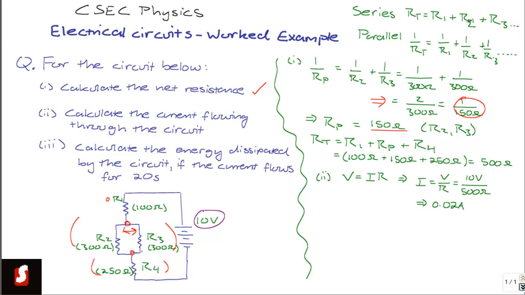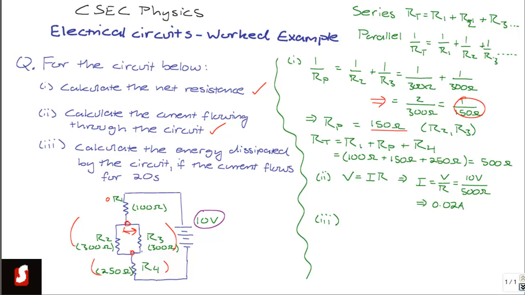And so the last part now asks us to calculate the energy dissipated by the circuit if the current flows for 20 seconds. So there are a number of ways you could calculate the energy.